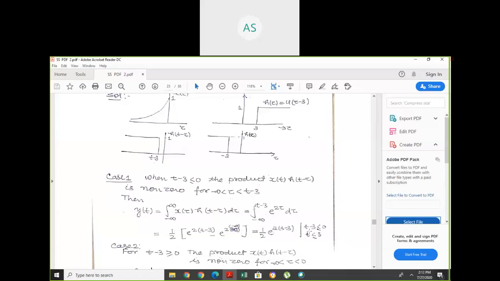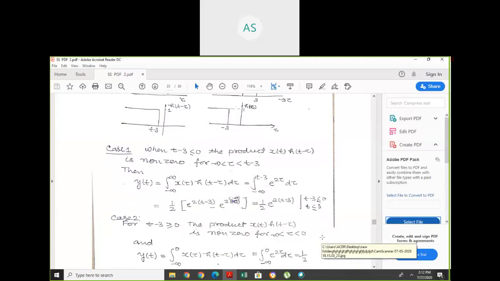And this is the case when t minus t is less than 0, or t is less than t. When t minus t is greater than 0, it means this unit step is somewhere here like this.